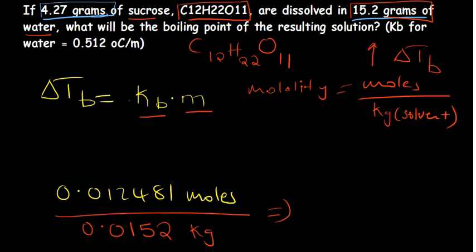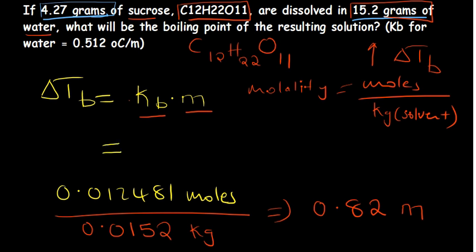Okay, so 0.012481 divided by that. So we have 0.82, small letter m.